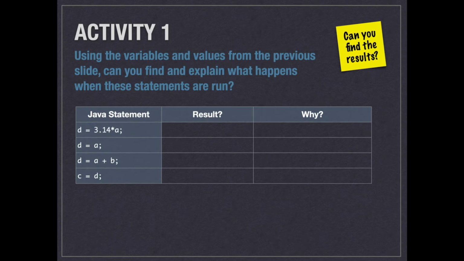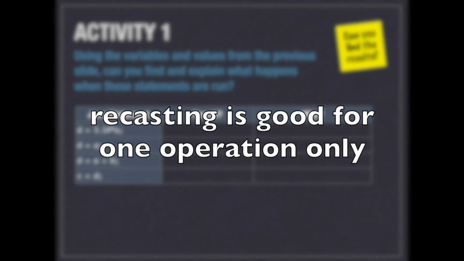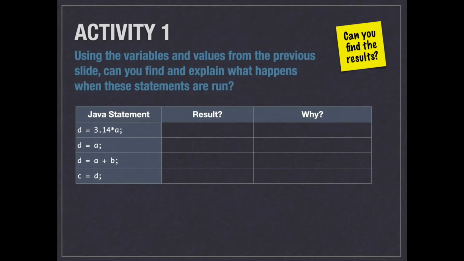It does not change A, or what's stored in the variable identified by A. So it's a one-time conversion to make this operation work. So when we get to the second line, A is still an integer. That said, we don't need to do anything to get the second line to work because the same rule applies. A can be promoted to the double for the assignment to be carried out.